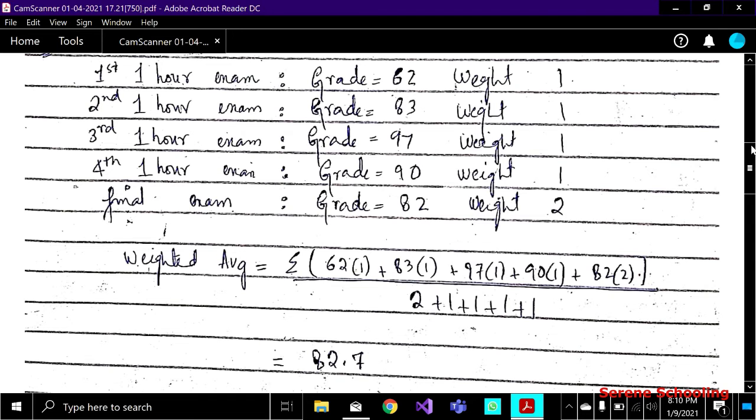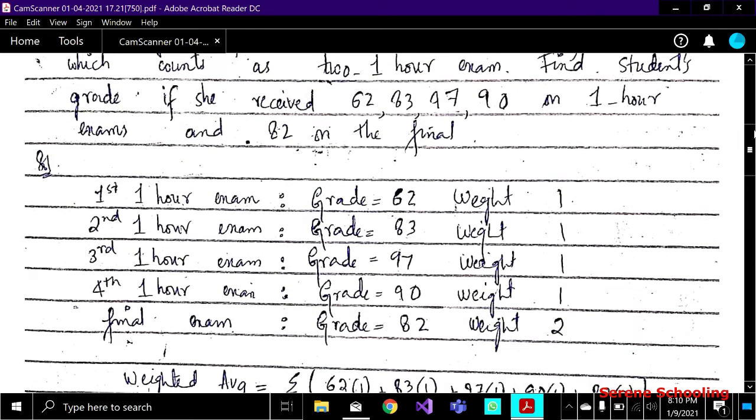And how are we going to mention the grades? As we were told that we have 4 1-hour exams, these are the scores of the 4 1-hour exams: first, second, third and fourth. And this is the grade of the final exam, as the statement says.